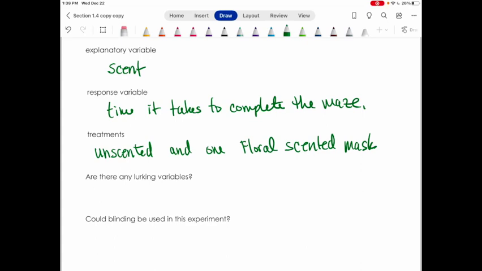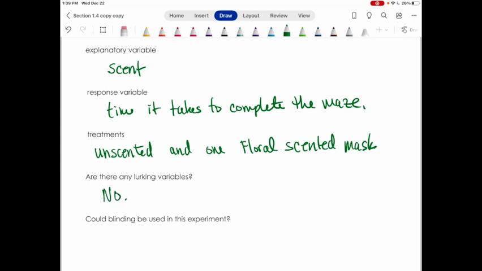So I would say, in this case, I can't think of any additional variables that might cause incorrect results. That doesn't mean there aren't any, but I can't see any off the top of my head. And that's because everything was randomized and all the people used both treatments. So I'm going to say no here.